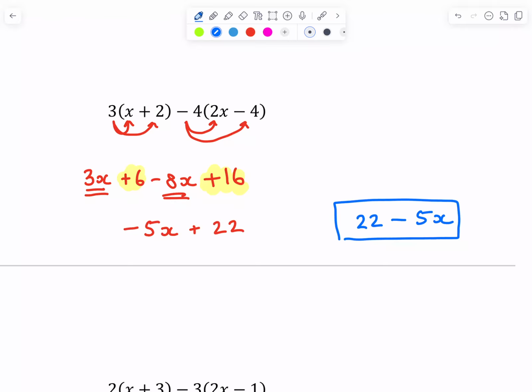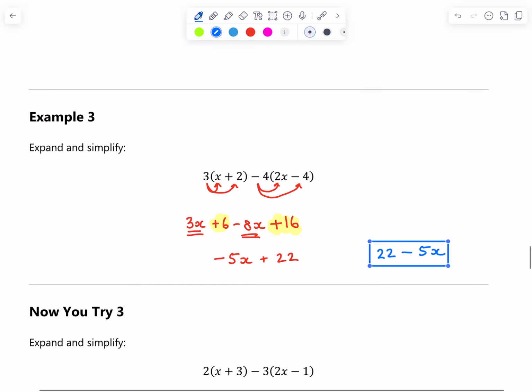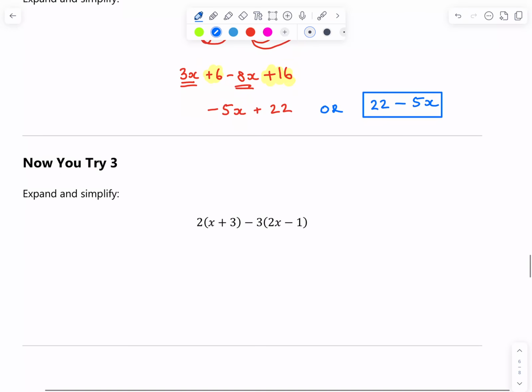So the 22 is positive, so we write that first, and then minus 5x. So these are both the same, and you can write either one. You should get full marks. It is just better to write the blue version, the second version. And we always want to do better.